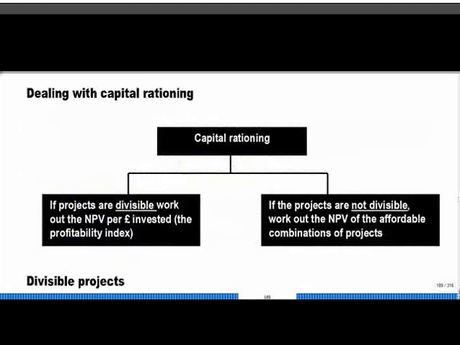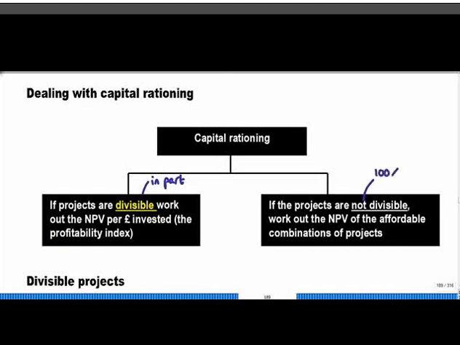How to deal with capital rationing will depend on whether a question tells you that a project can be split up and done in part, in other words, it's divisible, so you can choose to do 5% of it, 10% of it, whatever proportion you want, or whether it's the type of project where you've got to do all of it or none of it.